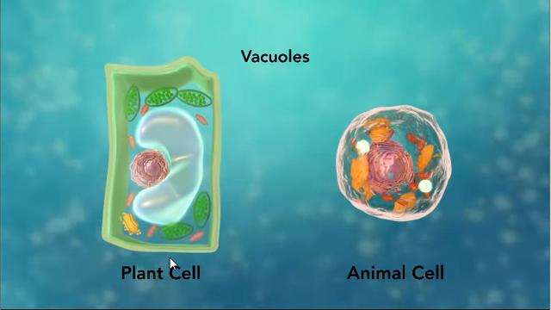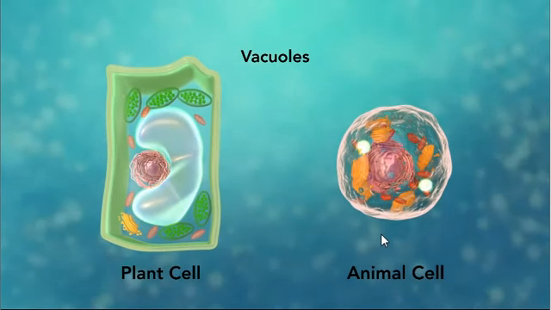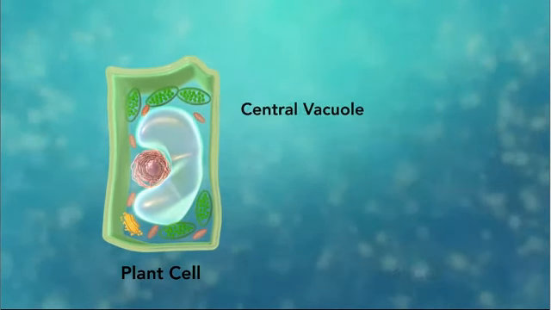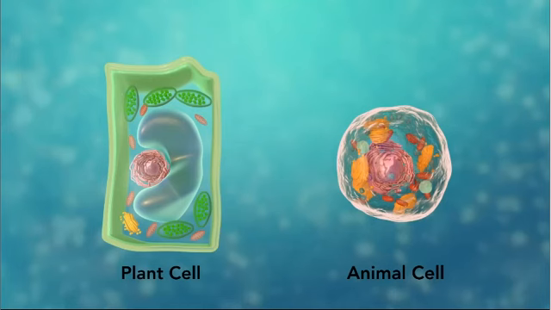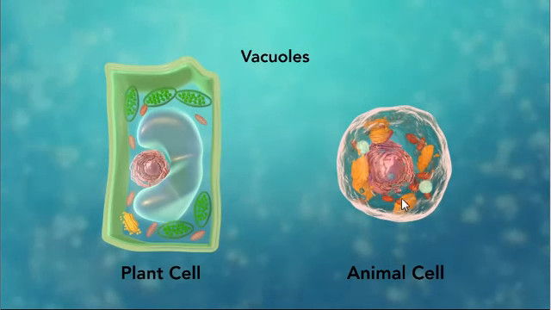We have a plant cell here, and then you have here an animal cell. You really see that this plant cell is a bit different from an animal cell. When you look at an animal cell, it is a bit circular, and this one is not circular.